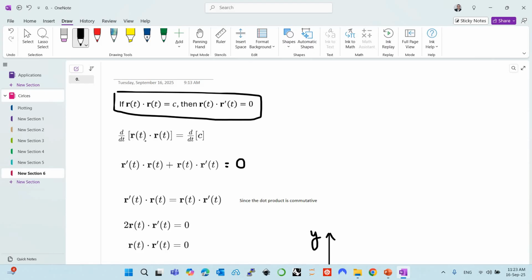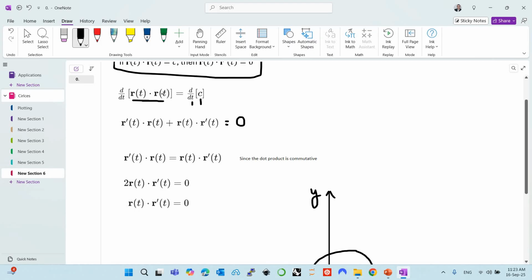Now, let's do the derivative of this one. The derivative of r dot r is equal to c, since the dot product of two vectors gives you a constant, c, a scalar. So when we do the derivative on the left side, we do the derivative on the right side.